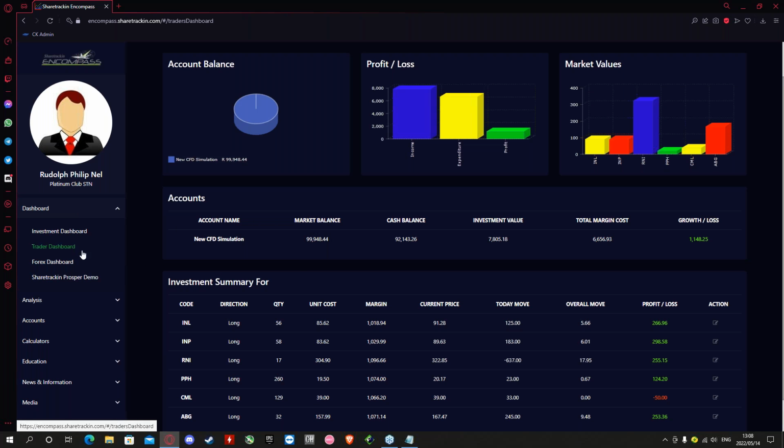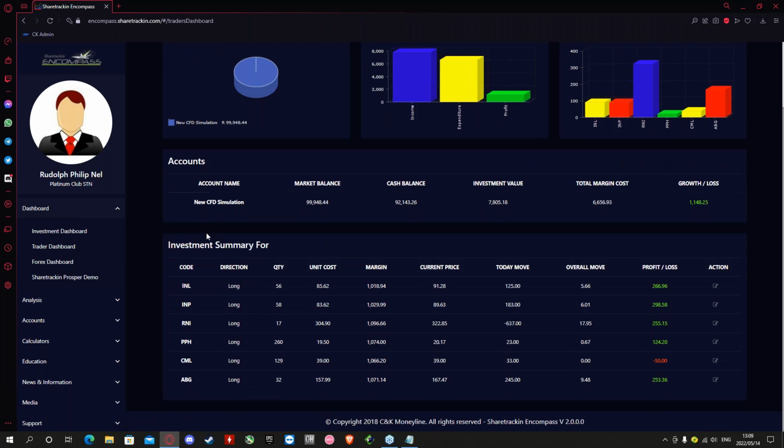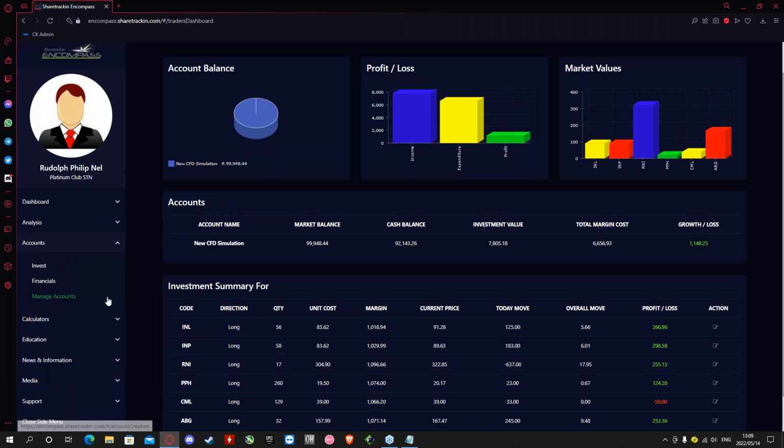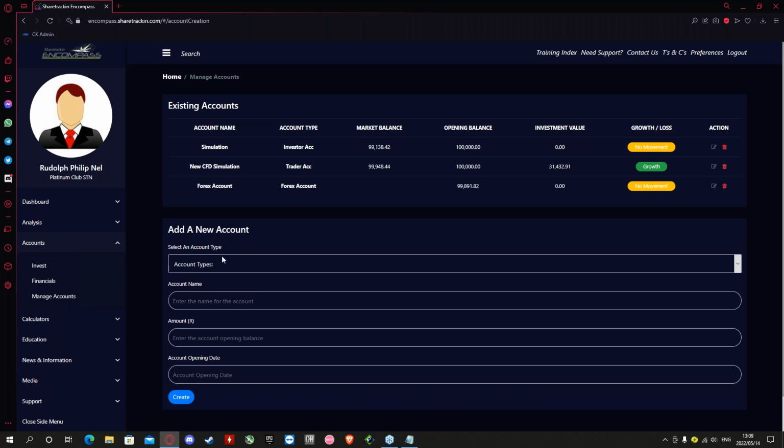If you don't have that account, first of all, how to create that? You're going to go to your account, go to manage accounts, and then underneath manage accounts, go to account type, select your trader account, and give it a name. So let's say, for instance, CFD simulation, and then give it 100,000 or whatever amount you would like, but I would prefer putting in 100,000.